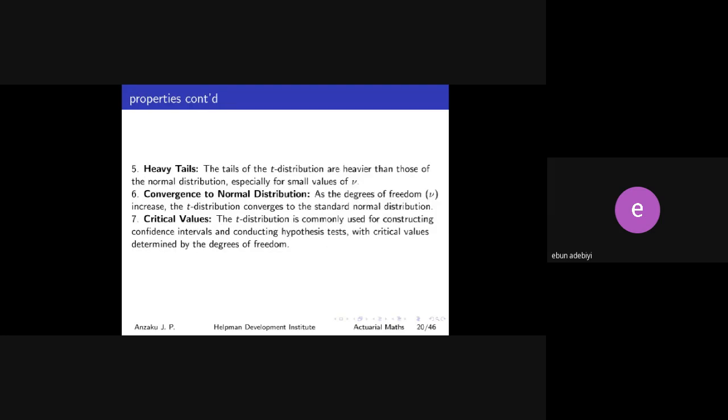Now, the student t distribution has heavy tails, so the tails are heavier than those of the normal distribution, especially if the values of the degrees of freedom are very small. Then it converges to the normal distribution as v increases, just like we explained from the shape here.